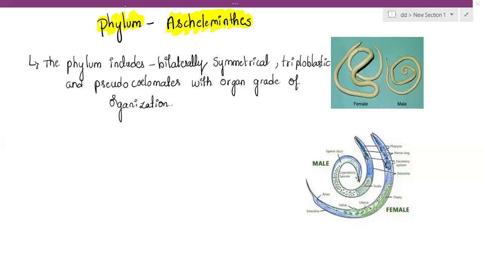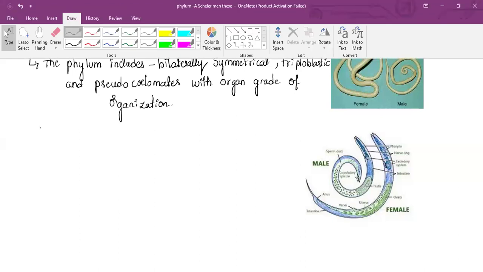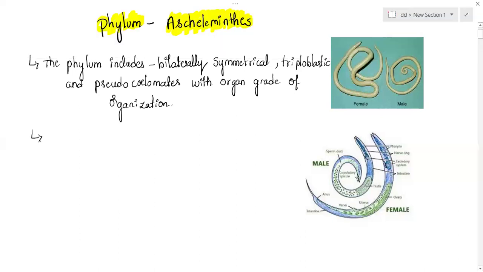The next key point is they have a tube-like body. Tube within the tube. Outwardly, how does it look? It's looking like some pipe or tube, right? Inside, the arrangement of the cells is also tube-like.